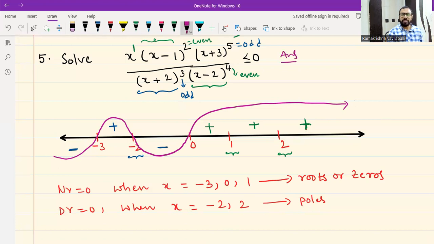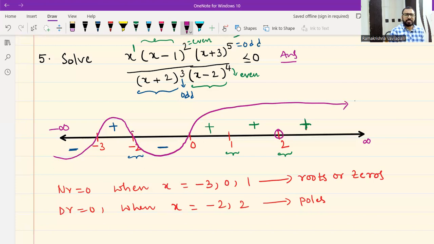You see, where you can find the positive signs, 0 to infinity. This is minus. Remember, the denominator is 0 when x equals minus 2 and plus 2. These are the poles. So these numbers will always be excluded in the interval.